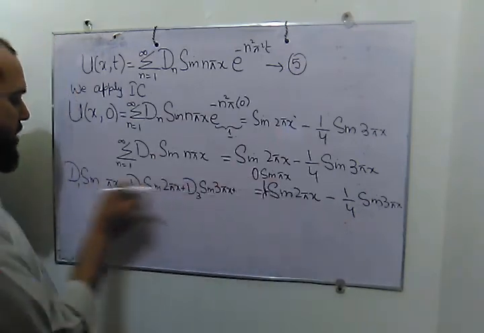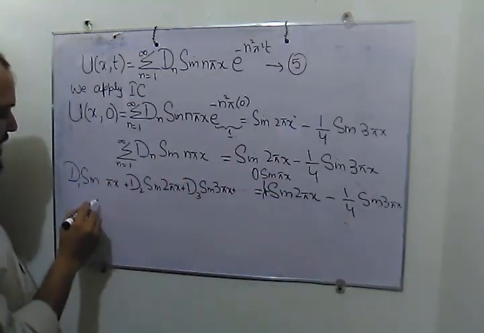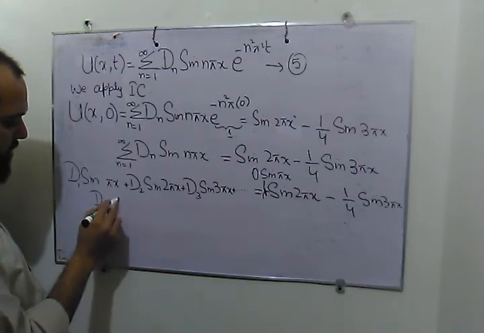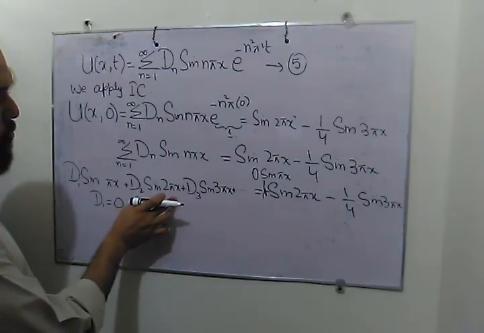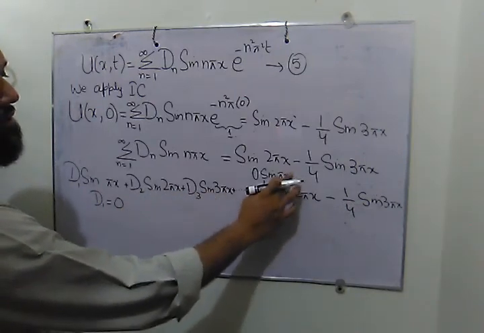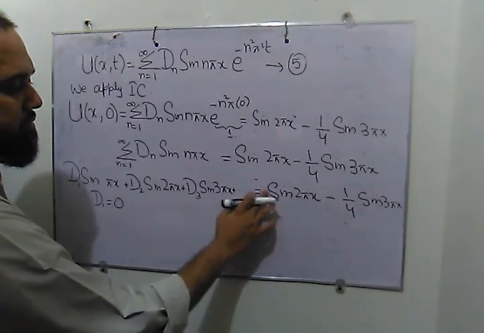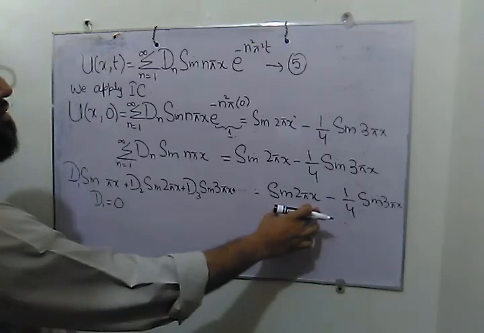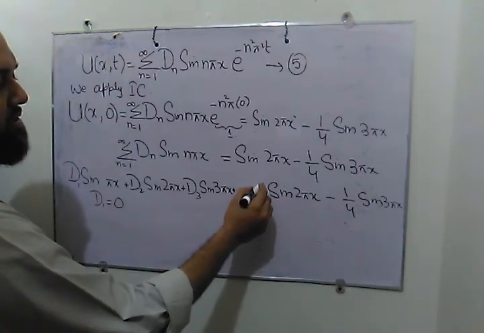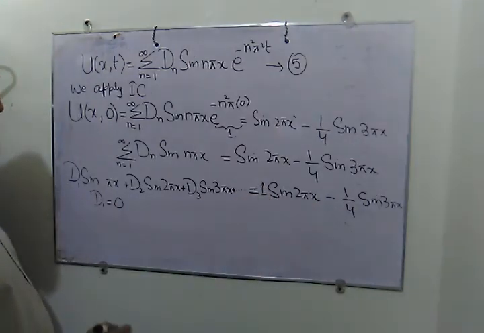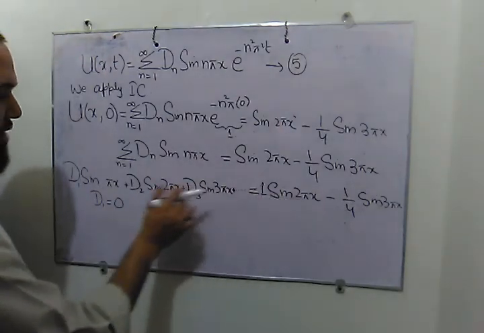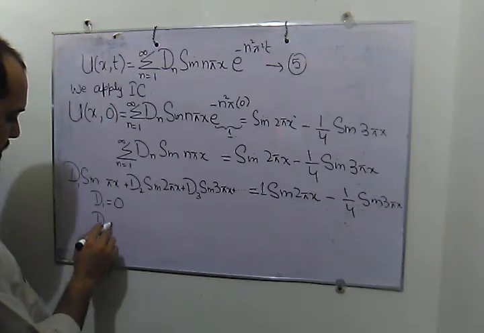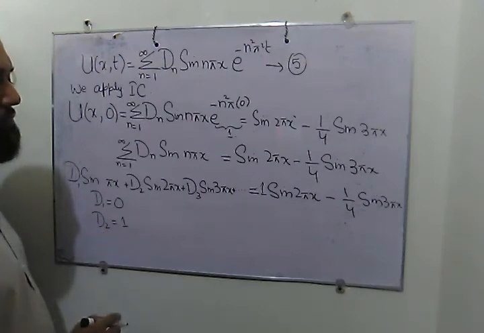But we have something to compare, which means that d1 is equal to 0. If we compare sine 2 pi x, we have a term here, sine 2 pi x, which has a coefficient of 1, which means that if we compare the coefficient of the term sine 2 pi x on both sides, d2 is equal to 1.